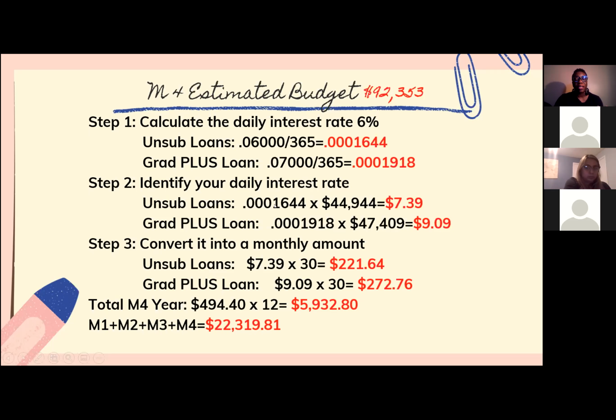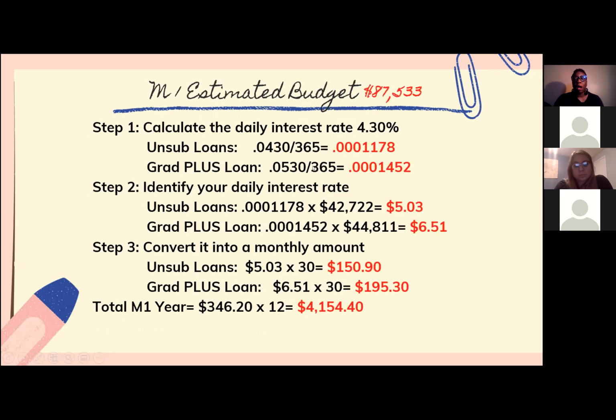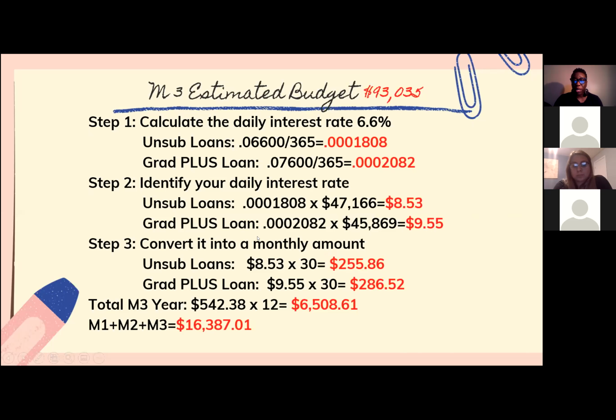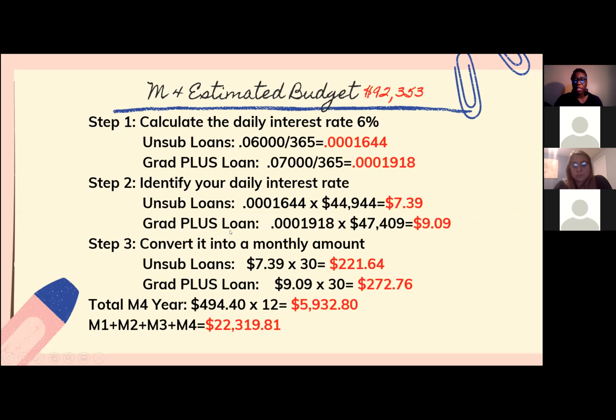And again, I wanted to keep this example simple, but the reality is, if you take out the full cost of attendance in the first academic year, or if you borrow any loans for that matter, you will want to multiply this amount by 4, because you're enrolled for 4 years in the program. And that's the same for M2. You want to do 3 years, 2 years for M3, and then you have the 1 year in the M4 year. So are there any questions before we move on to the next slide?